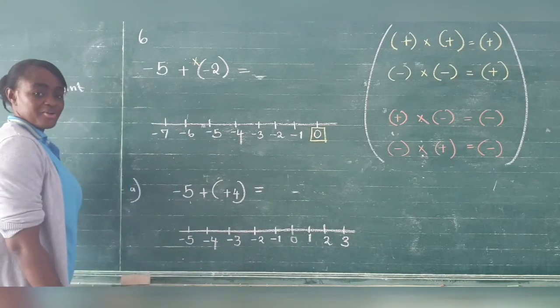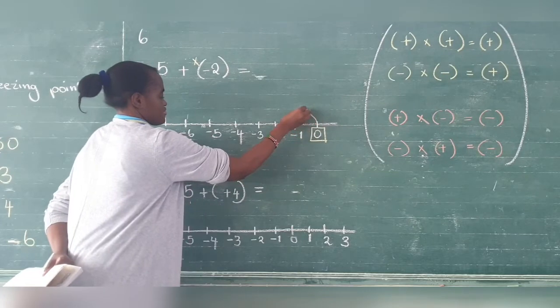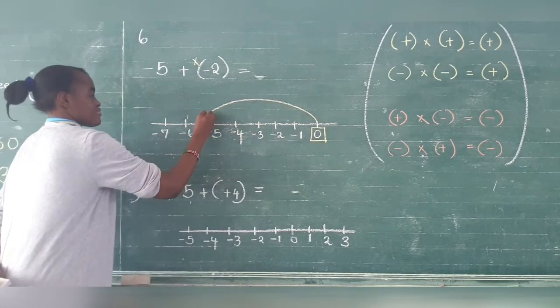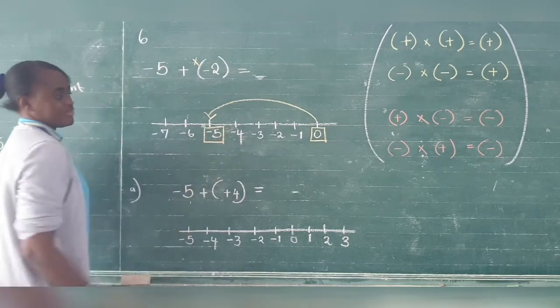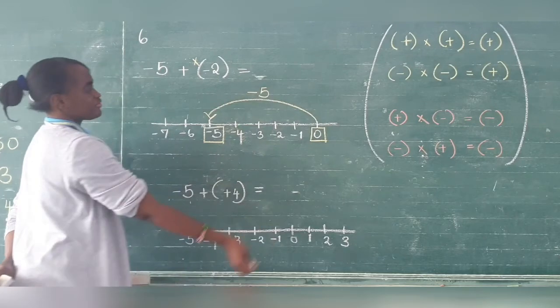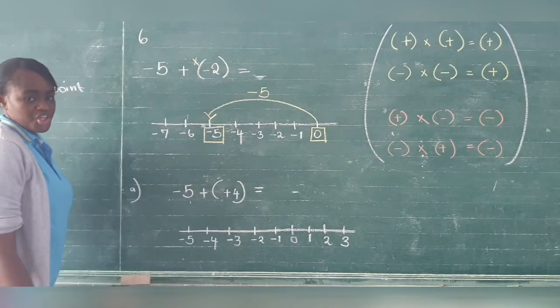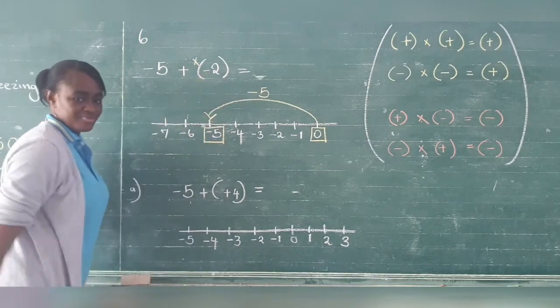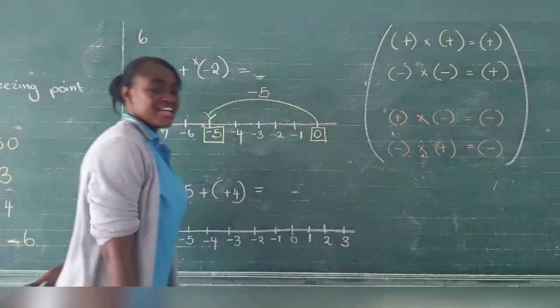From 0, we go to negative 5, plus, in brackets, negative 2. You check. Positive times negative. What is your answer? Positive times negative equals negative.